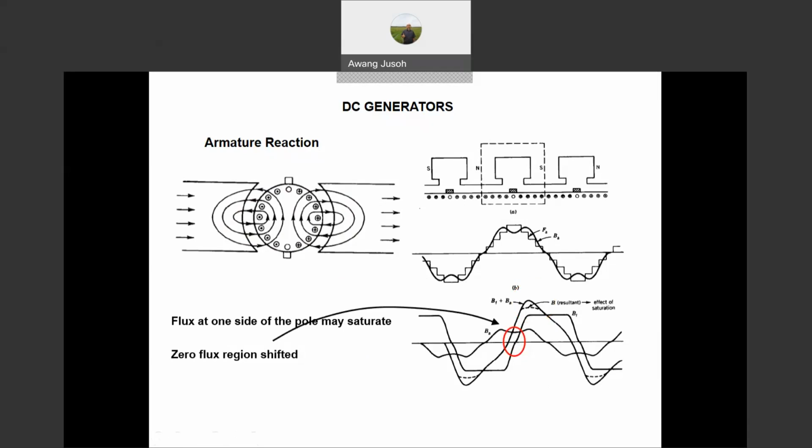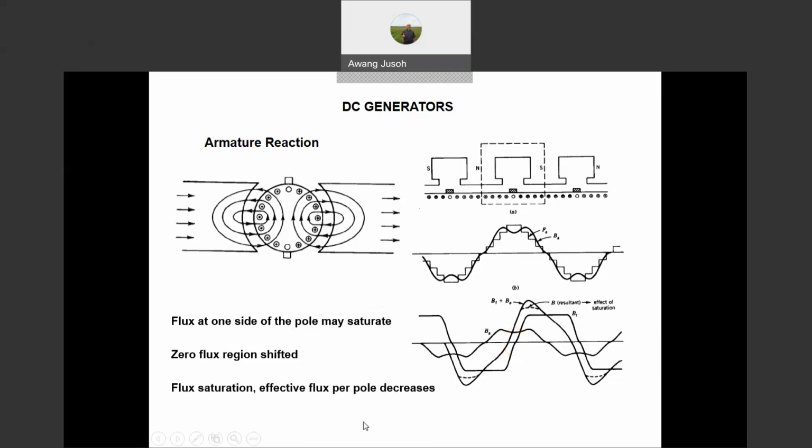Commutation between plus and minus, you know I explained that last time already. The current in the rotor itself here is AC current, whereas the current in the terminal is DC. So when they want to do the rectification process, it does not happen at the same time. It has some lagging time there. That's why they call it the phase shift region. So it creates sparks in the machine, which is not good.